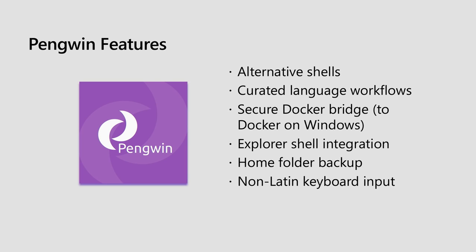We now know, thanks to WSL2, that Docker will run in WSL2 without a secure bridge once WSL2 is released. But that will be coming later. For now, you can use this option to access Docker, and we'll be showing you some examples of that soon. We have Explorer shell integration, home folder backup, and because our distro is very popular outside of the United States, particularly in Asia, we have improved non-Latin keyboard input.